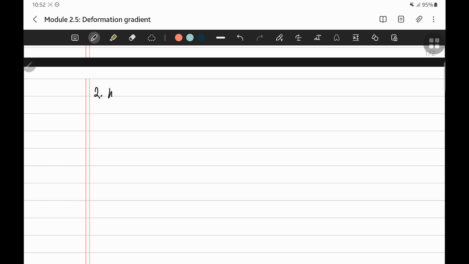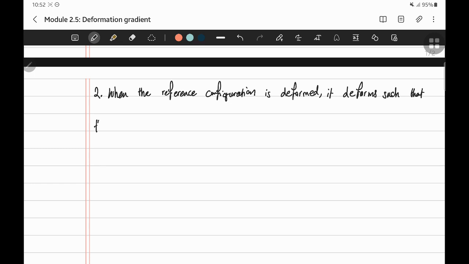All right, so when the reference configuration is deformed, it deforms such that the initial unit vectors elongate and rotate. Elongate and rotate.